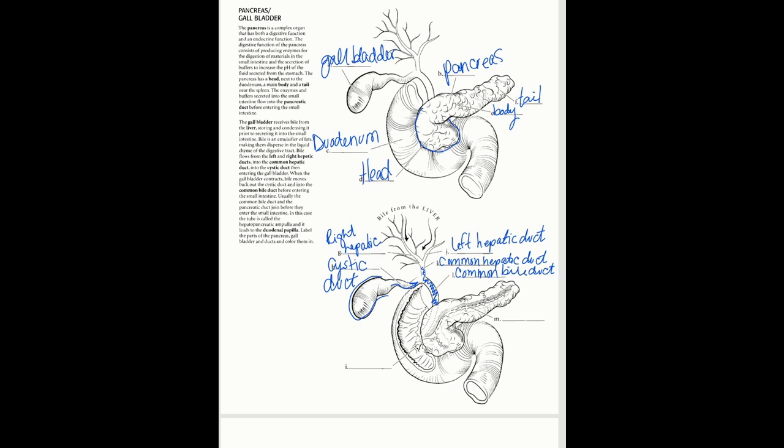Where that common bile duct makes its connection with the duodenum, it is what we refer to as the duodenal papilla.